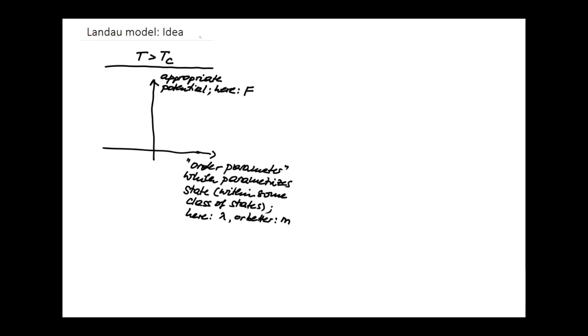In the first case, where the temperature was above the critical temperature, the potential, here the free energy, had a single minimum only, and that was at lambda equal to 0, or m equal to 0. So the potential as a function of the order parameter qualitatively had this shape, with a minimum at the order parameter being 0. So the equilibrium here was at the order parameter being equal to 0.